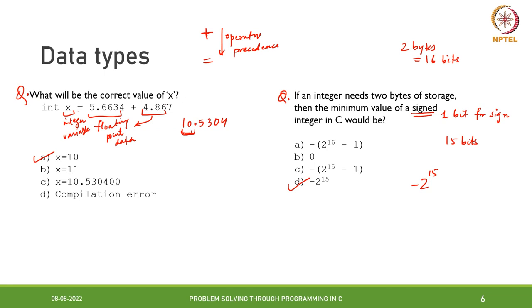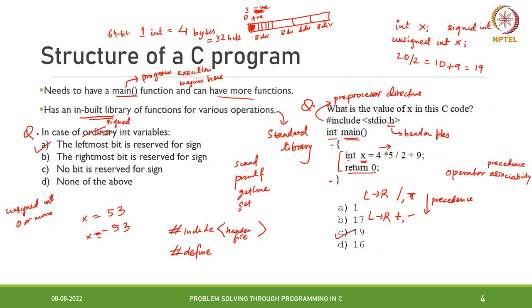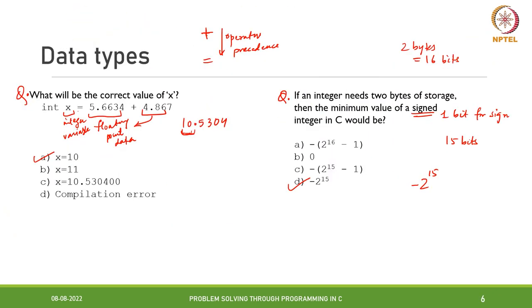The leftmost bit is for the sign. So the leftmost bit has 1. Now I put 1 in each of the remaining 15 bits, till the end.